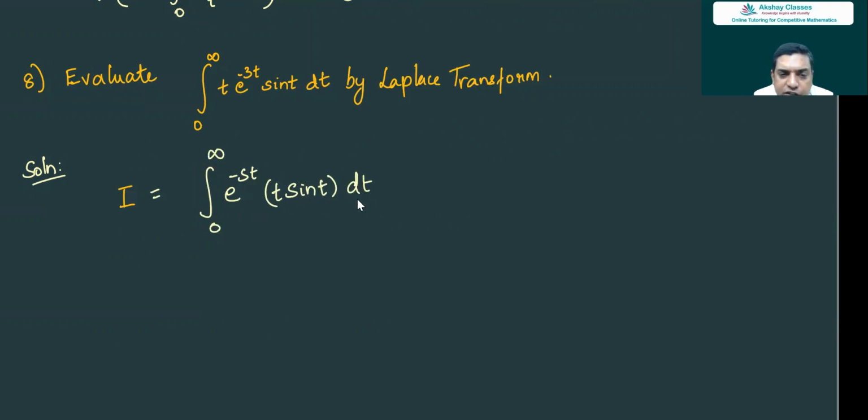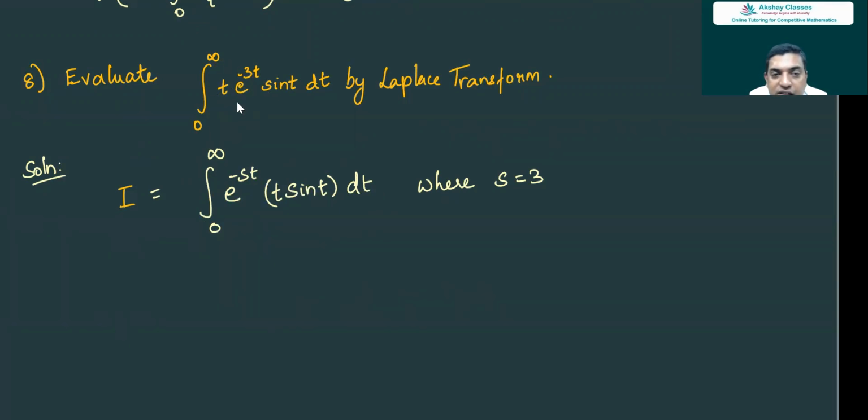This is the basic definition of the transform of f of t, t into sine t, where s is equal to 3. So evaluate the Laplace transform, and substitute s equal to 3. So this t e power minus 3t sine t apparently is a difficult integral, 0 to infinity.